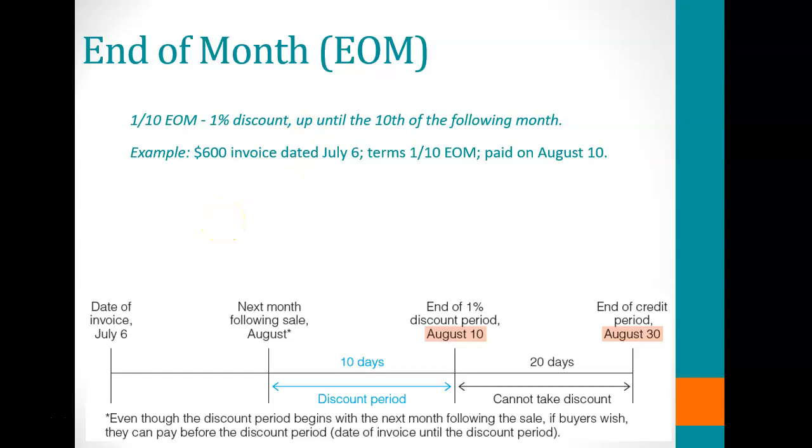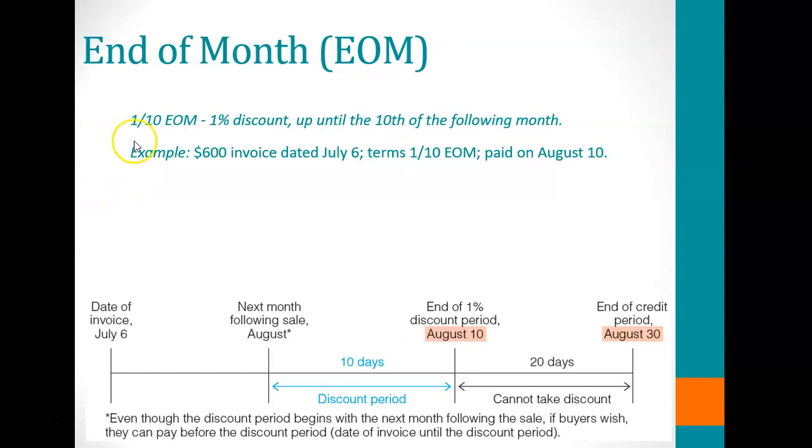So in this next example, the invoice is dated July 6th in the amount of $600. Terms are 1/10 EOM. We're saying the invoice was paid on August the 10th. August 10th. That's a good day to make a payment. So we're asking, did we pay within the discount period?